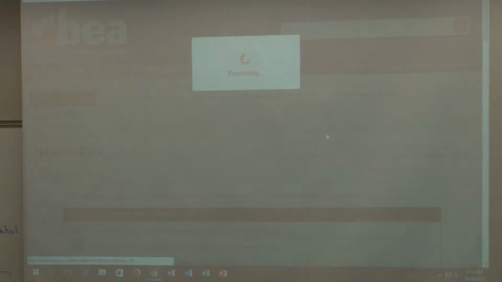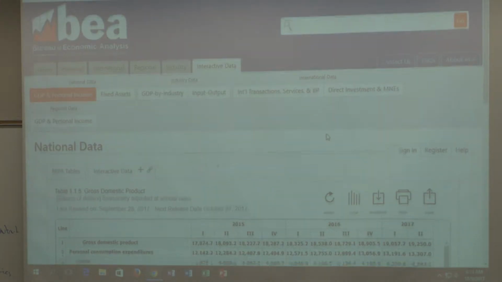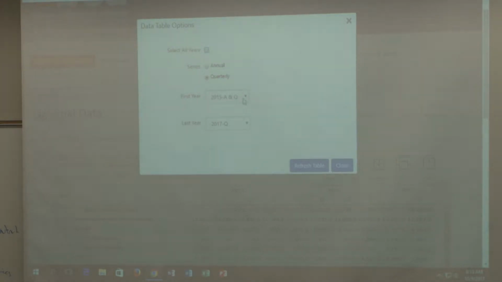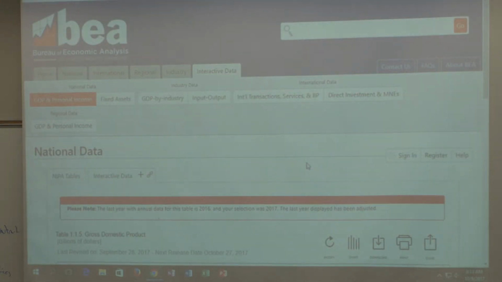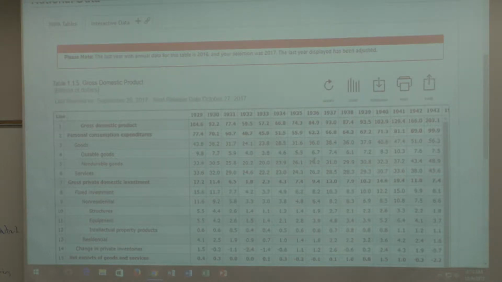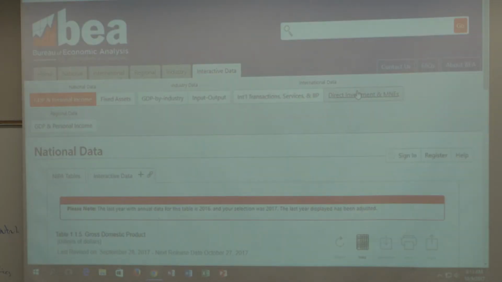This is our annual data. Let's select all years, refresh table, and we want our chart on this.